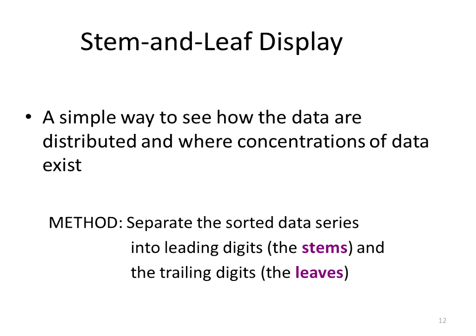Now, this data we can make use of to draw a simple way to see how the data are distributed and where concentration of data exists. We separate the sorted data series into leading digits. The leading digit is what we call the stem, and the trailing digit is what we'll call the leaves.